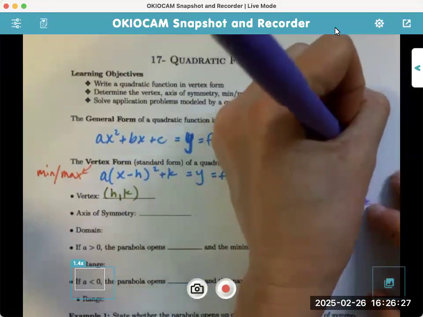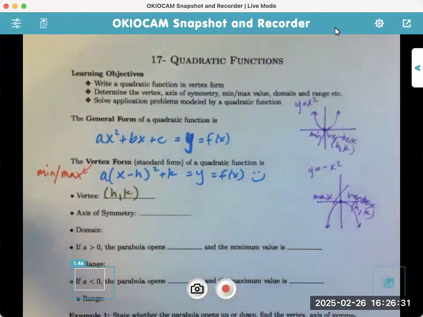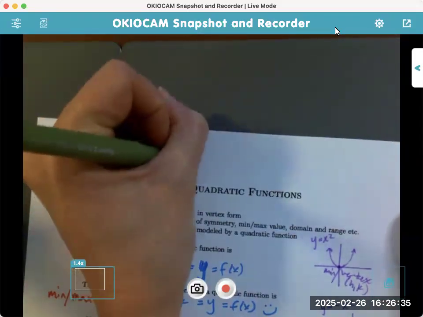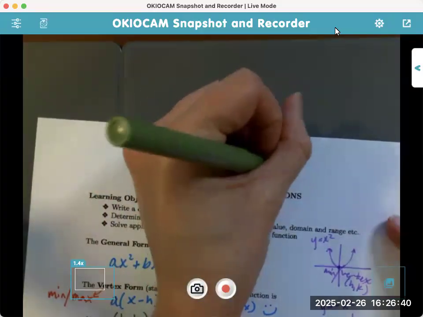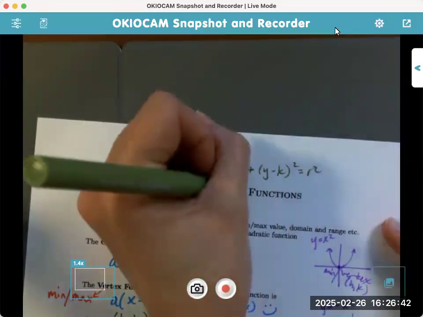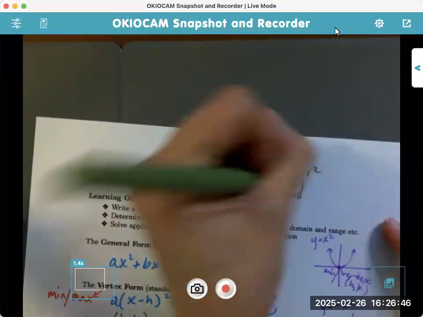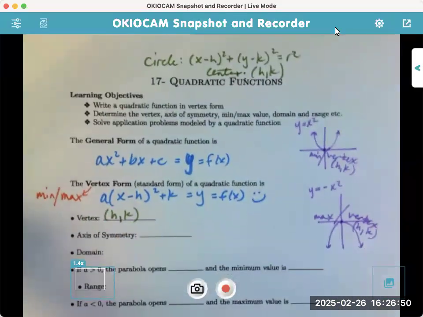The vertex is noted h comma k, just like a circle. You remember from circles, we have (x minus h) squared plus (y minus k) squared equals r squared, where the center is h comma k. Similar situation here.